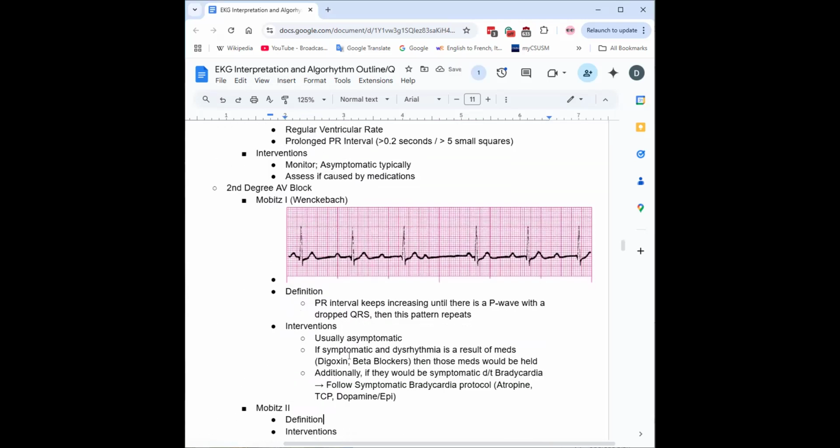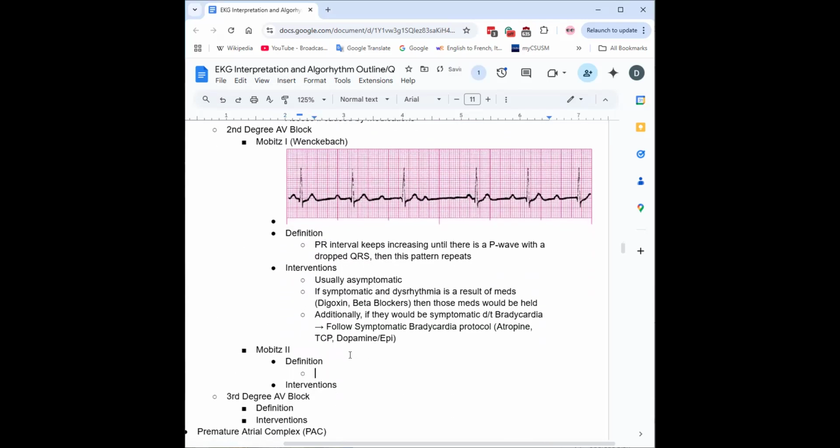So what separates type 1 from type 2? What's the definition of type 2? Mobitz type 2. How would you define this one?